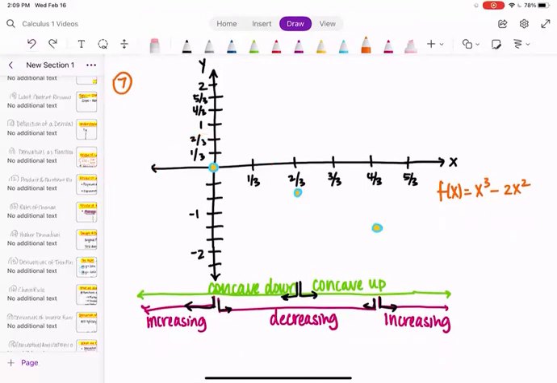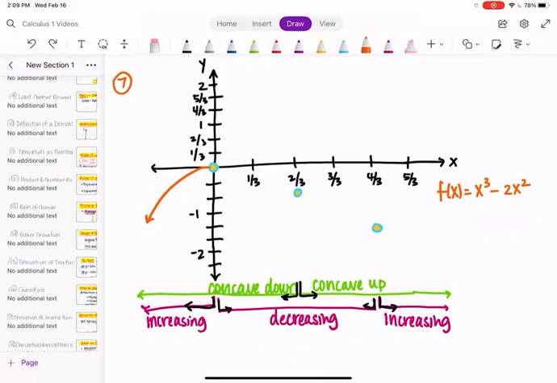And by drawing it like that, that was actually a pretty good representation, because we also know that in the section that's concave down, it has to be increasing from here to the left and decreasing from here to the right. So that was a pretty good model of what we wanted to look for. This section here is clearly increasing because the slope is going up as x goes up.